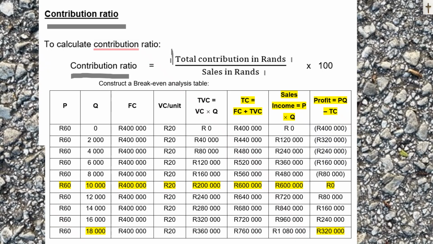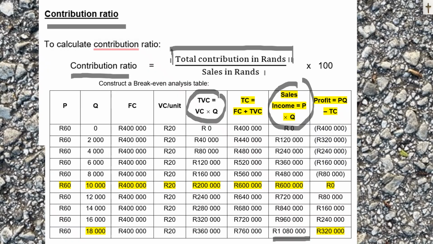Now remember previously we looked at what makes up total contribution, and total contribution in rands is the sales income less the total variable cost of 360,000, divided by the sales in rands.